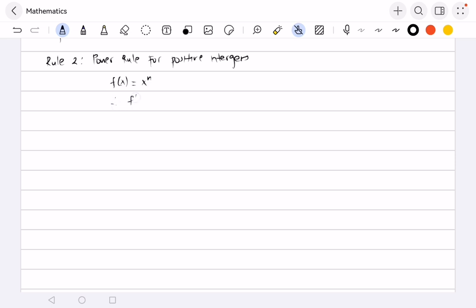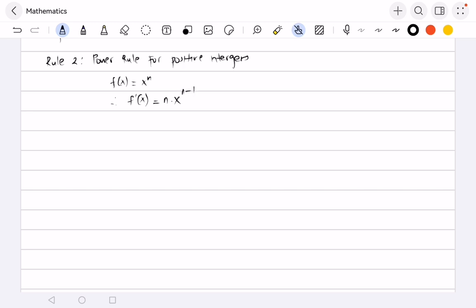Therefore f prime of x, the derivative of x to the n, is going to be: you take the n and multiply it with the coefficient of x. In this case, the coefficient of x is 1, so you multiply it with that 1, then you rewrite the x, and then you subtract 1 from n.